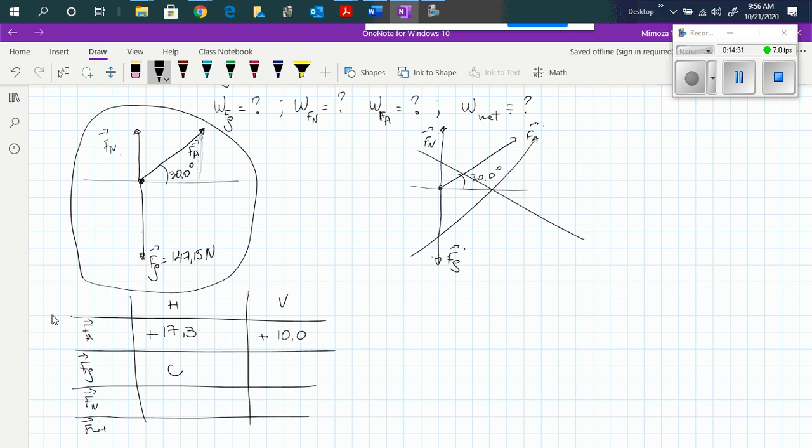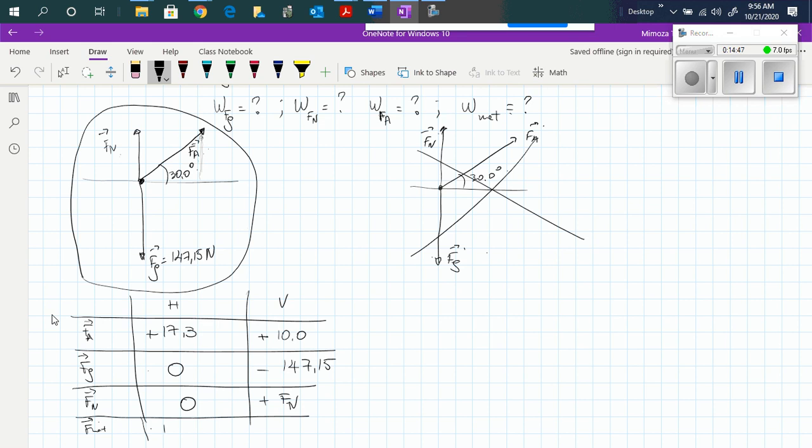Force of gravity on the horizontal is 0, on the vertical is negative 147.15. 0 on the horizontal for the force normal, and the force normal in the vertical.